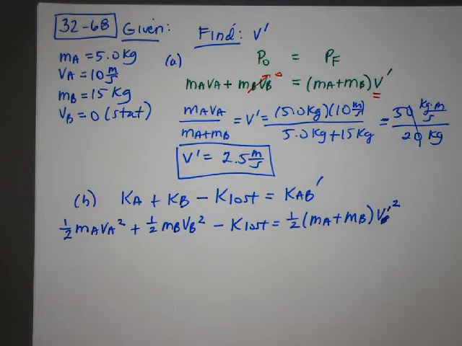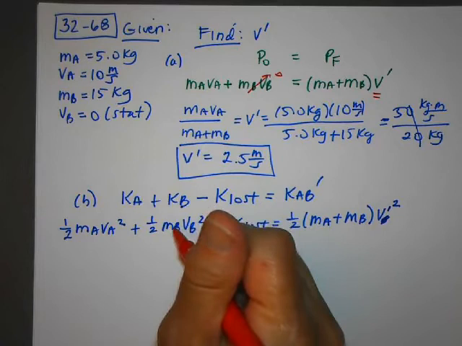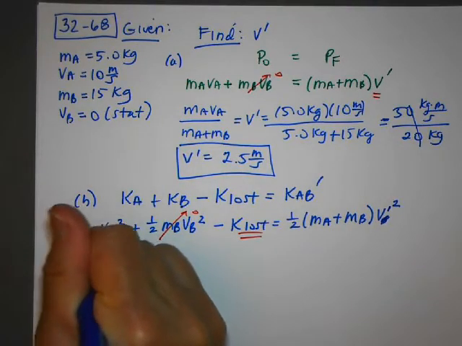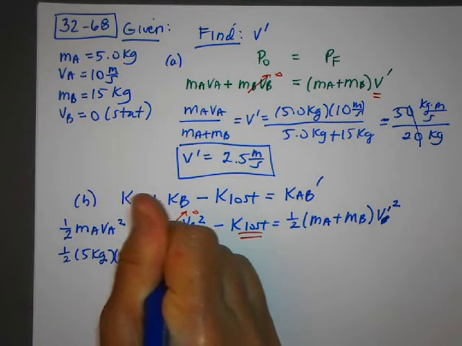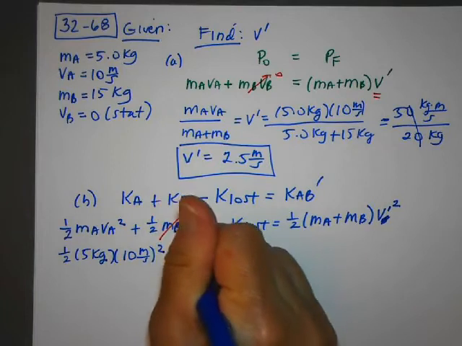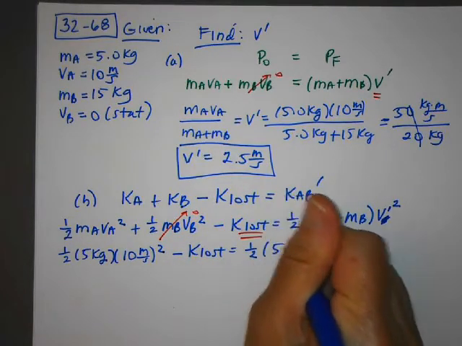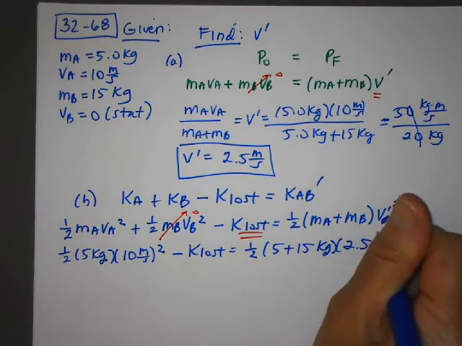All right, so we want to solve for this. Well, first of all, let's get rid of this because this is stationary, so that's 0. So I have 1/2 of 5 kilograms times 10 meters per second squared minus K lost is equal to 1/2 of 5 plus 15 kilograms times 2.5 meters per second squared.